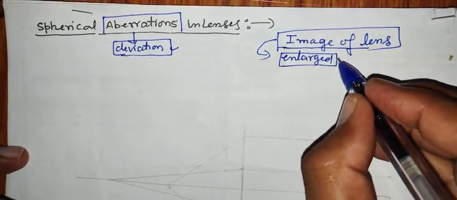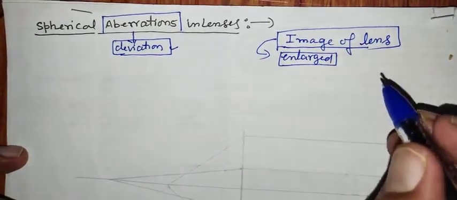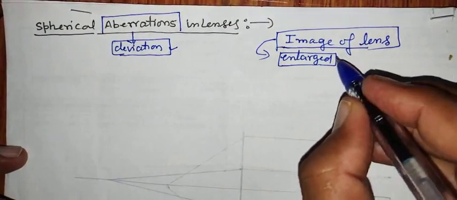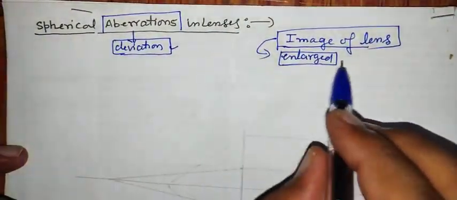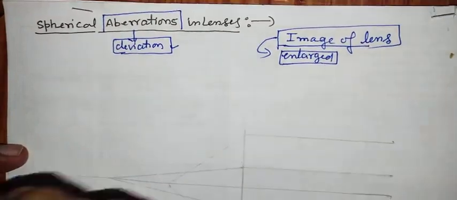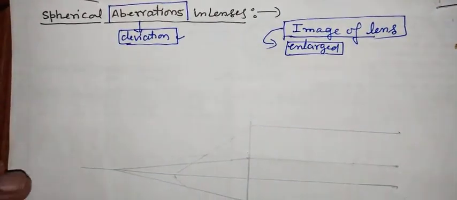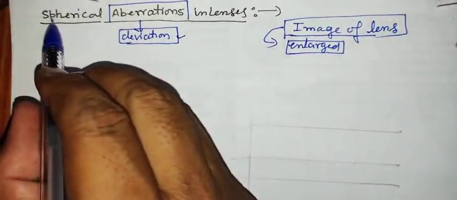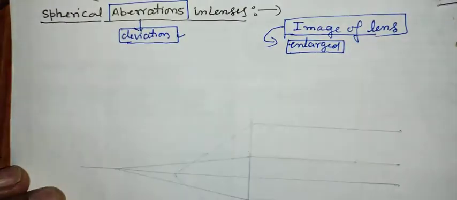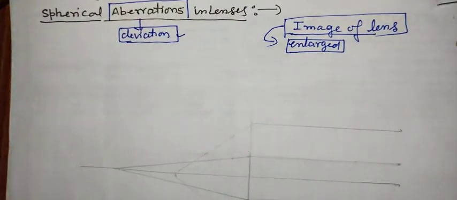This is enlarged in size, or maybe a point object if its image is enlarged, or any image formed by the lens is enlarged, not clearly obtained, is known as aberrations. We are going to watch spherical aberration in the lens.